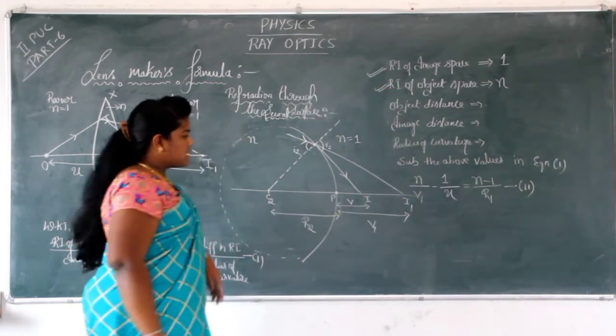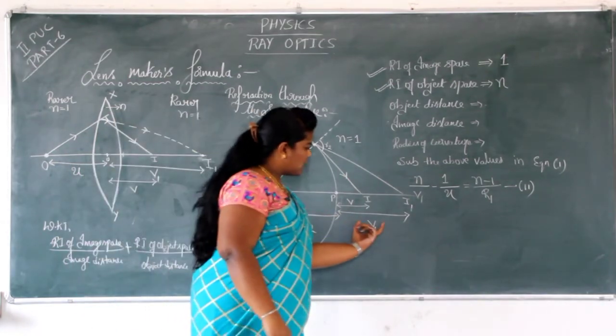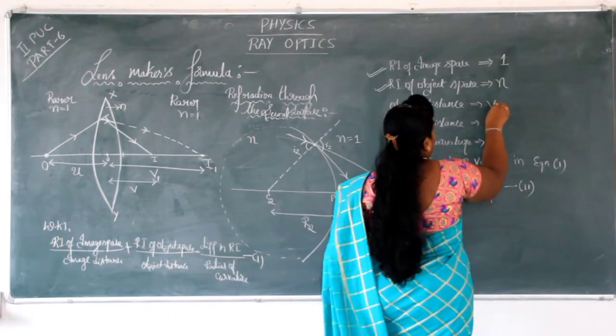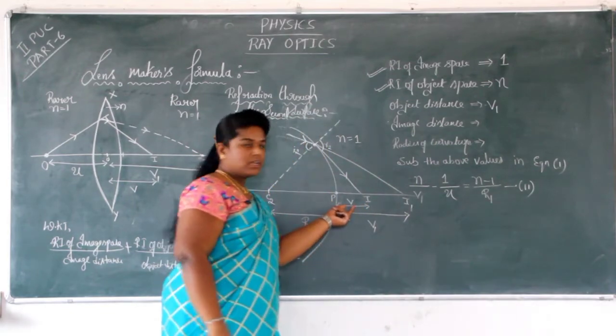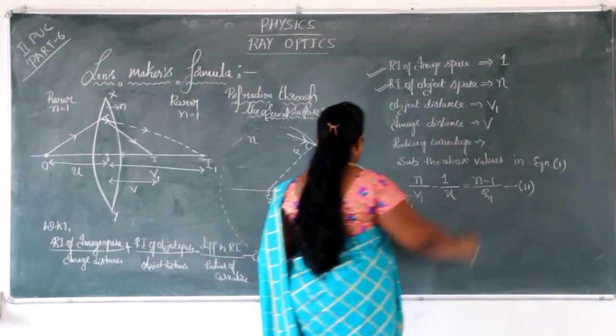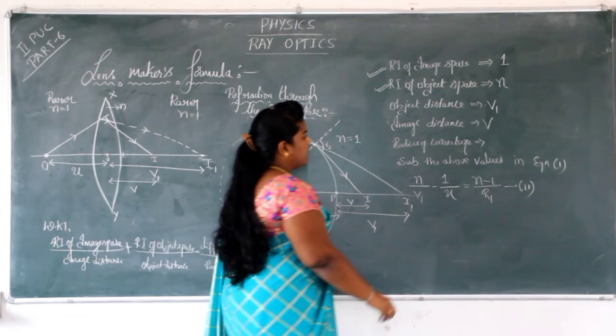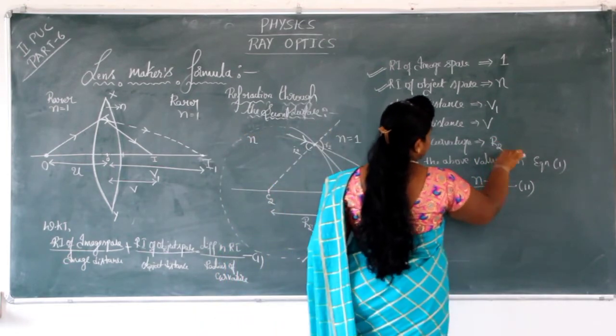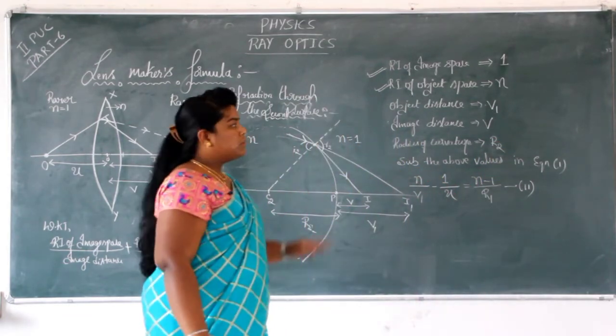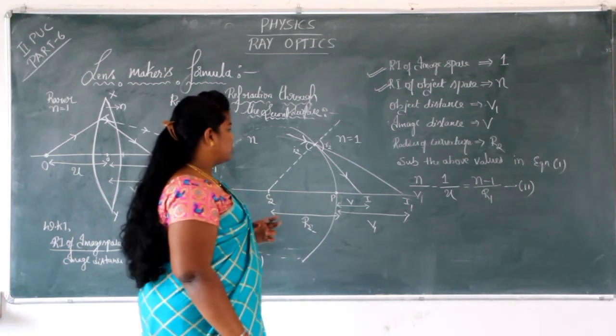Next, what is the object distance? The object distance is V1. And what is the image distance? The image distance is V. What is the radius of curvature? It is R2. Simply we have written all these things, but still we should apply the sign convention.